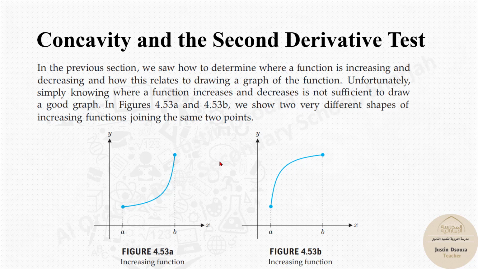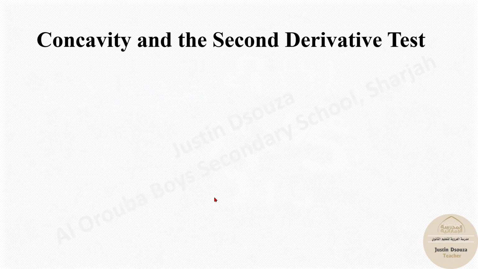But we won't be exactly sure how the structure of the graph will be, whether it is concaving upwards or downwards. From this concept, the concavity and the second derivative test, we can exactly know whether it will concave upwards or downwards for increasing and decreasing functions.